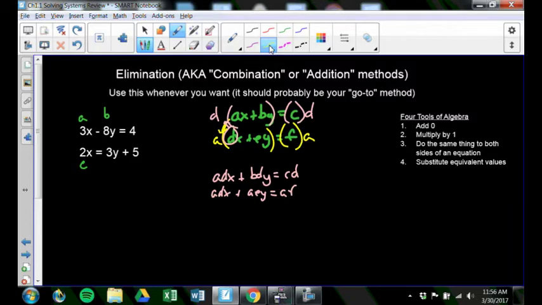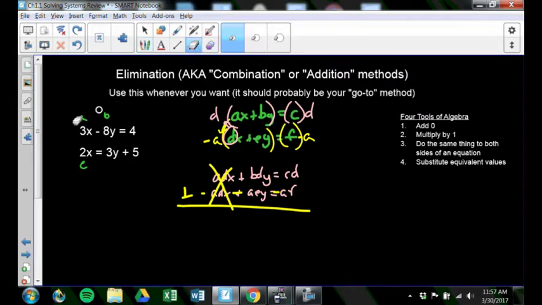And I would like one of these to be negative, so I'll switch this sign and switch this sign, which makes this negative, negative, negative, so that when I add, these are going to cancel. You can always just take the coefficient from one of them and attach it to the other, and vice versa.